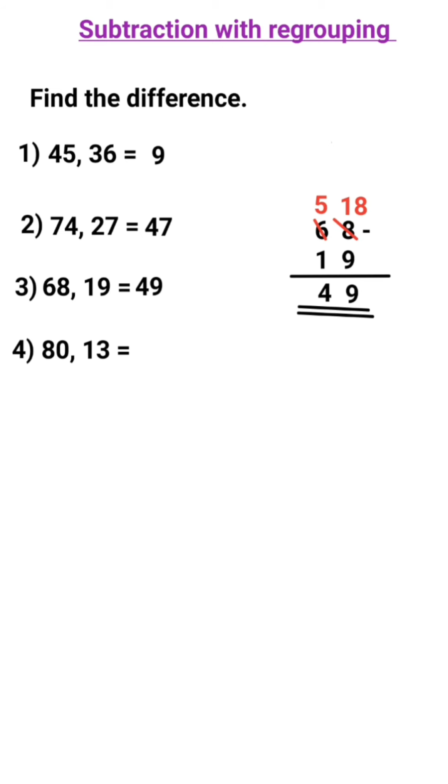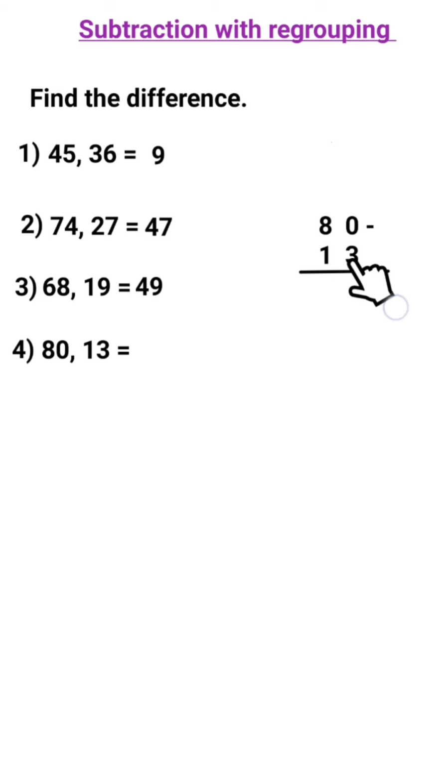80 and 13. It is 80 minus 13. So here in 80 we have 0 in the ones place, and in 13 we have 3 in the ones place. As we did earlier, we can't subtract 3 from 0. In order to subtract 3, we should make this 0 a bigger number. So we can borrow from the nearest place.